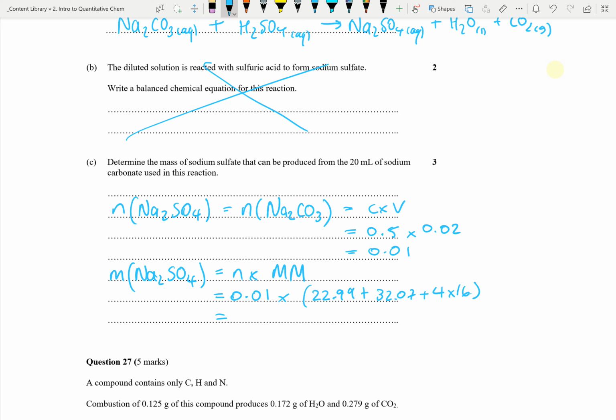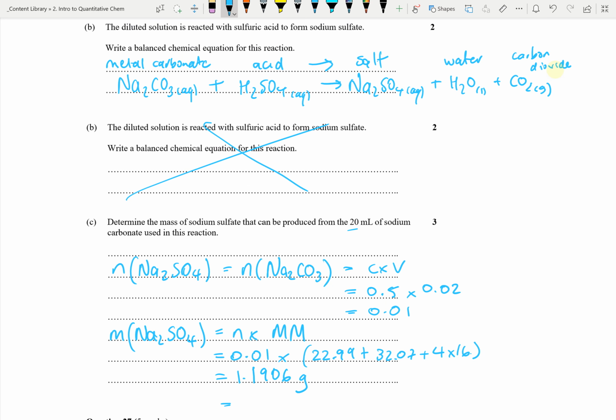Chuck that in my calculator. 0.01 times 22.99 plus 32.07 plus 4 times 16 gives 1.1906 grams.